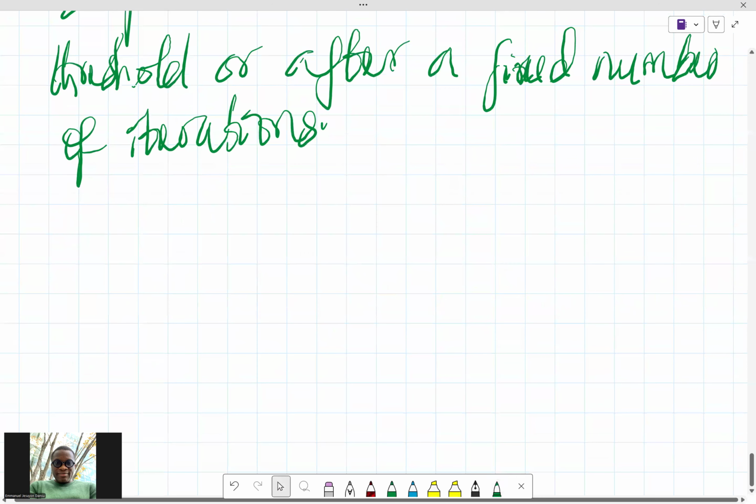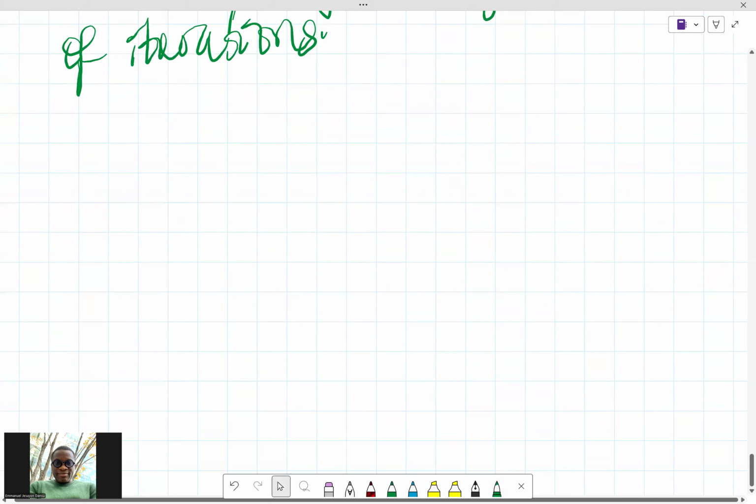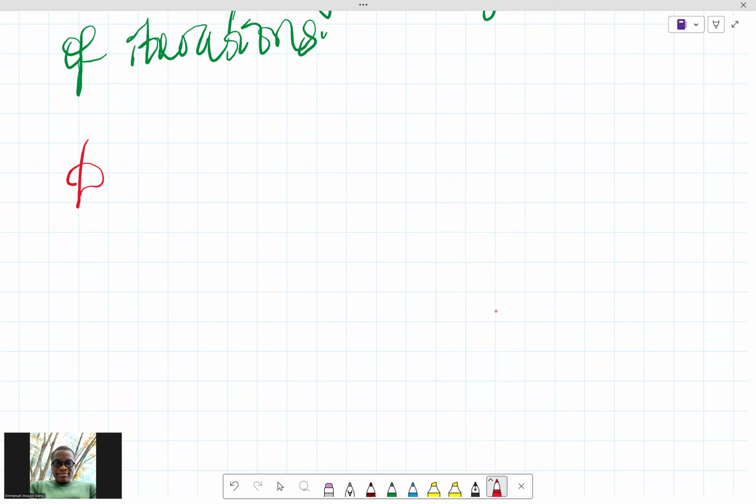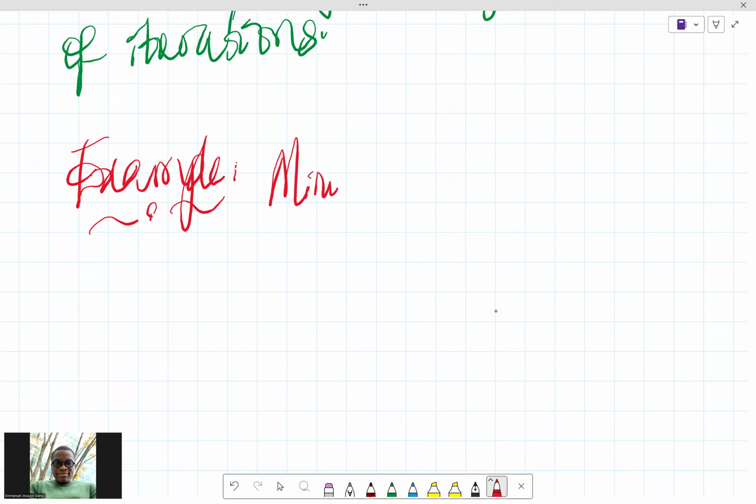Okay, now let's consider a problem. This example borders on minimizing a nonlinear function.